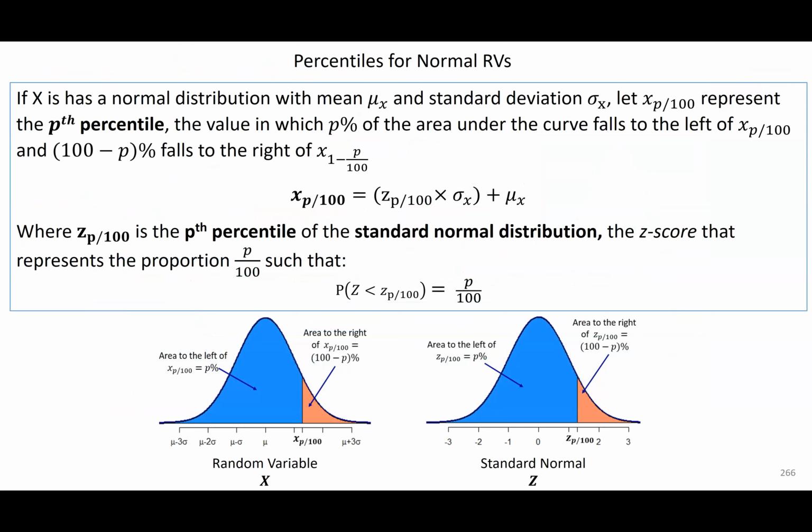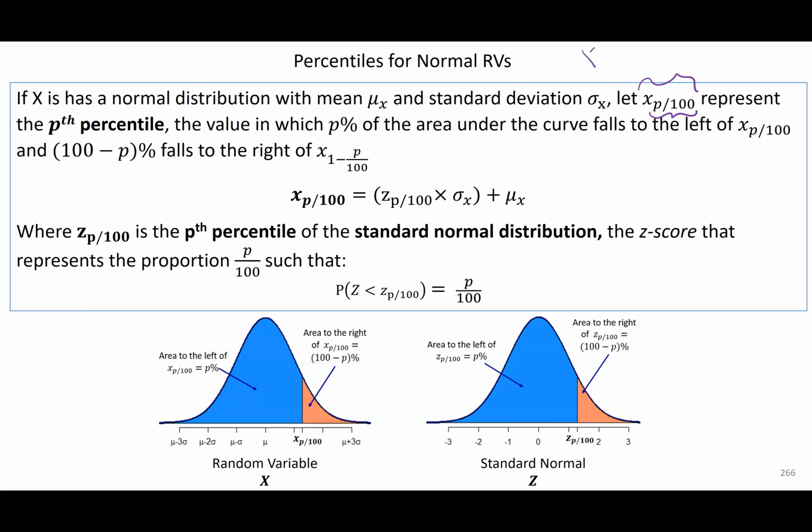And then we have a last short topic in here. So, using percentiles. In general, we're specifically going to focus on percentiles for a normal distribution. We're going to write x, and then it has a subscript. So p over 100 represents the pth percentile.